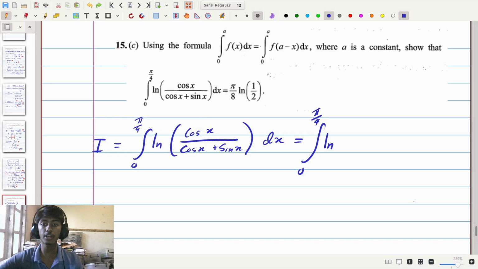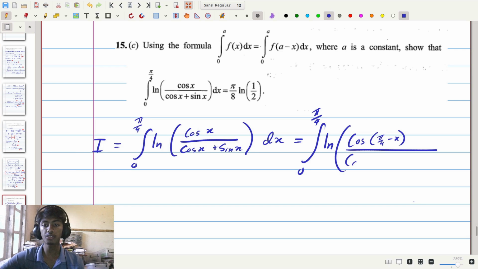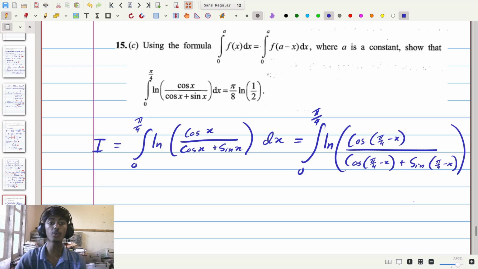So instead of cosine of x on top here, we're going to write cosine of pi by 4 minus x. And then on the bottom here, instead of this x, we have cosine of, again, pi by 4 minus x plus, and instead of sine x, we have again sine of pi by 4 minus x, and this is all integrated with respect to x.